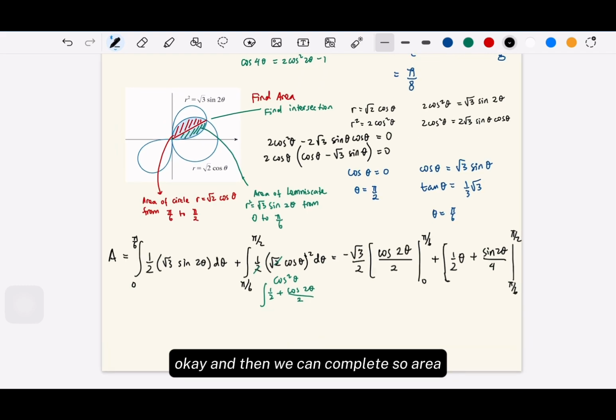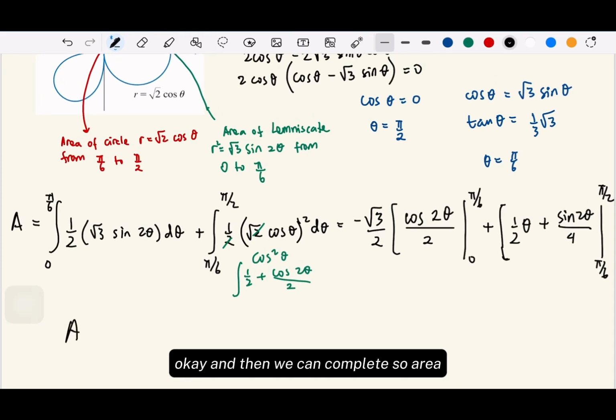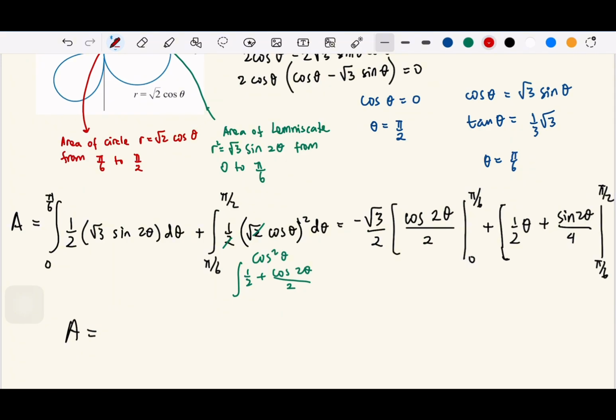Okay, and then we can calculate the area. So we plug in pi over 6. So what we have now is half.